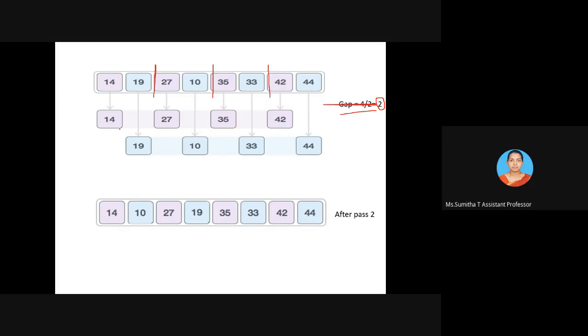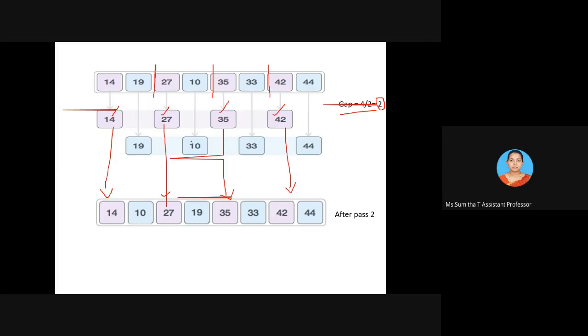Compare all of them and arrange in ascending order. We have to keep all the elements in order. Yes, 14 is the smallest, so keep that in the first place, and 27, 33 and 42. No need to arrange, right? All are already in order, so we keep the elements in the same position.